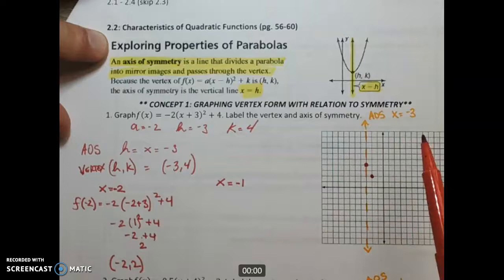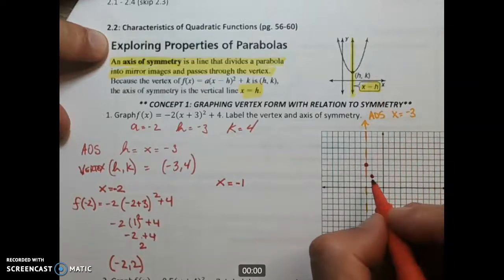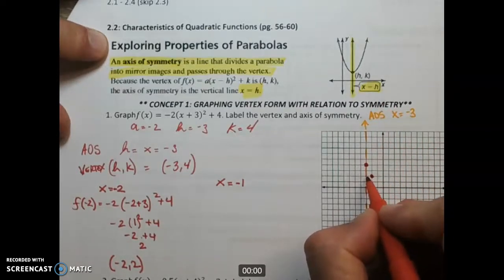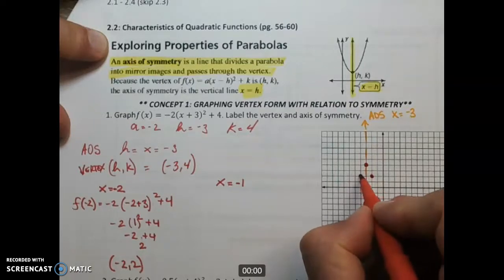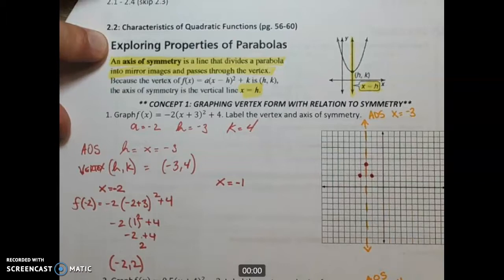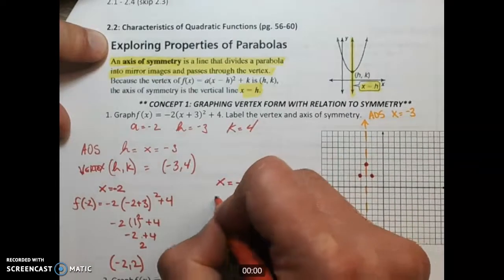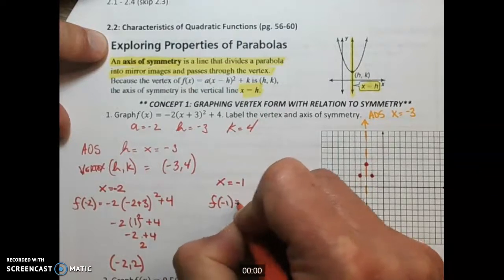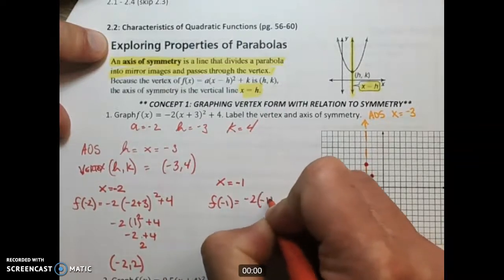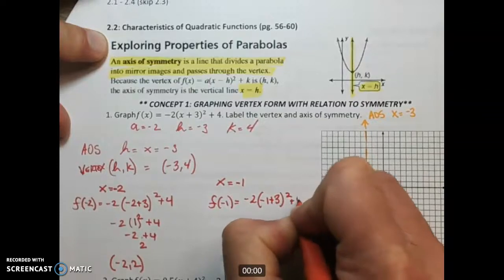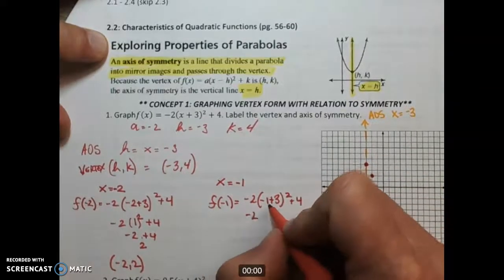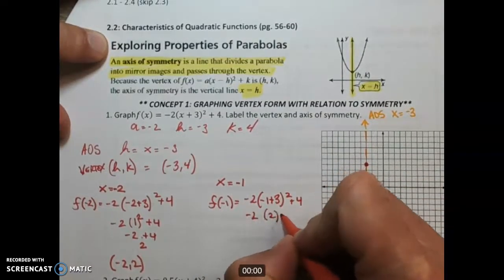Alright, now I have that point. And what I use is the axis of symmetry just to mirror it. So see how from the axis of symmetry it's just 1 to the right of that? I just go 1 to the left of that and it mirrors. Now I'll do the same thing for f of negative 1 equals negative 2 times negative 1 plus 3 squared plus 4. Negative 1 plus 3 is 2 squared.